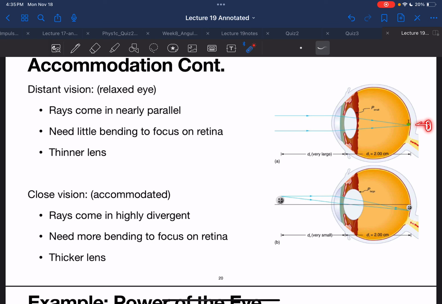In order to move that inward towards the retina, the power of this lens needs to be greater. The focal length has to be smaller, so you get a more curved lens that then focuses the image on the retina.